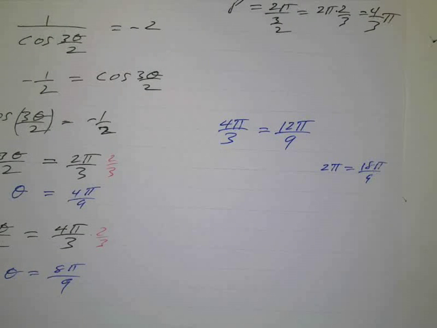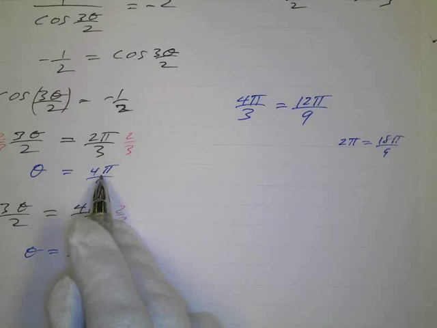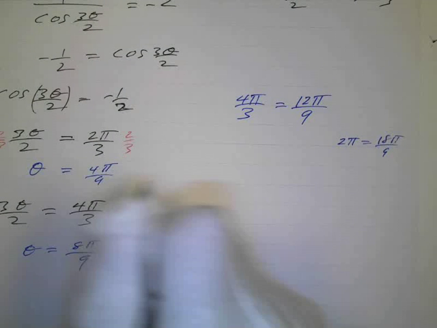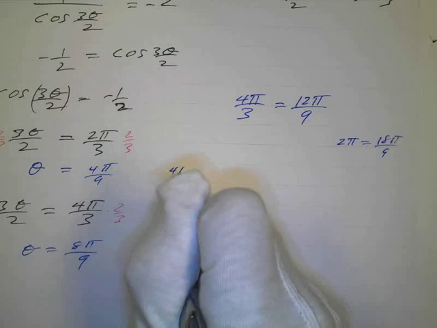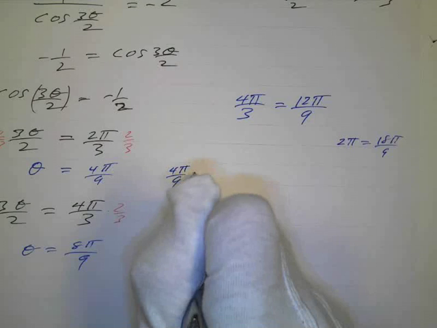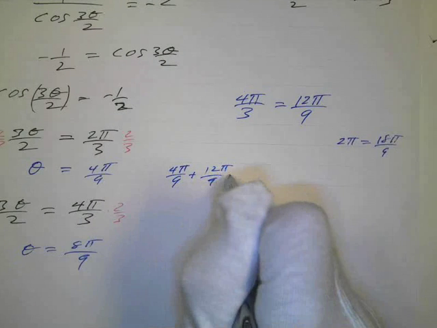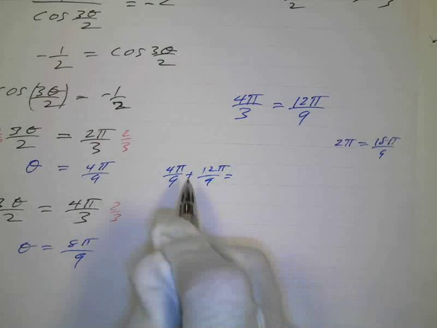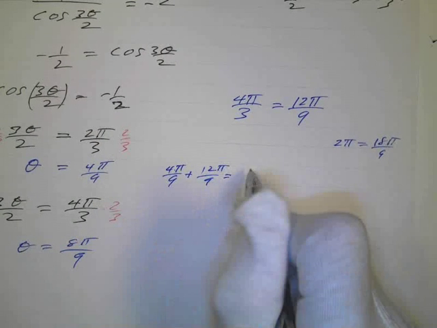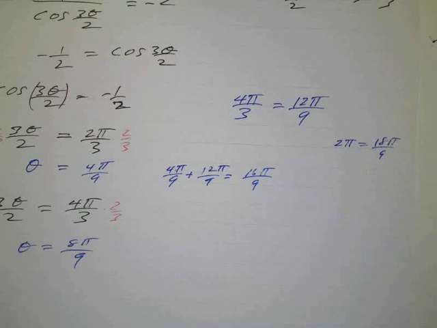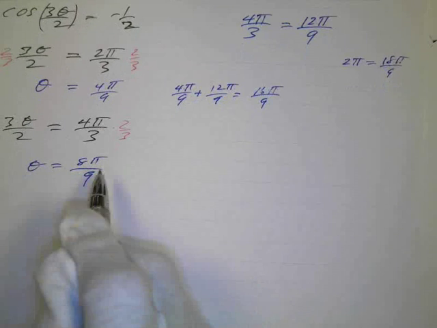As long as I don't pass this, I've got good solutions. So this is smaller than 2 pi, and this is smaller than 2 pi. Okay, so let me add this. So let me say what's 4 pi over 9 plus 12 pi over 9 to get another solution, and that's going to be 16 pi over 9. So that's good because that's still less.